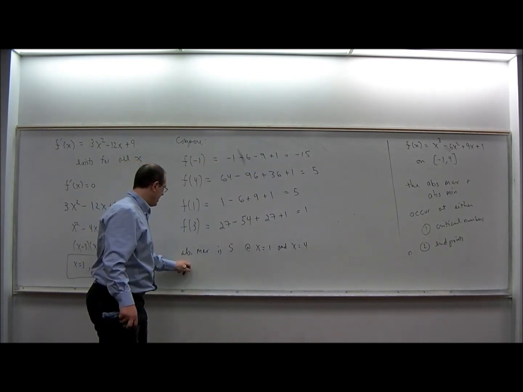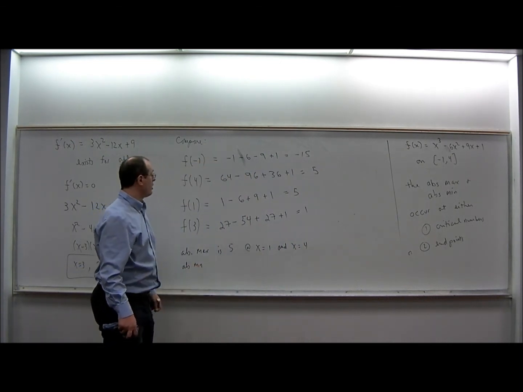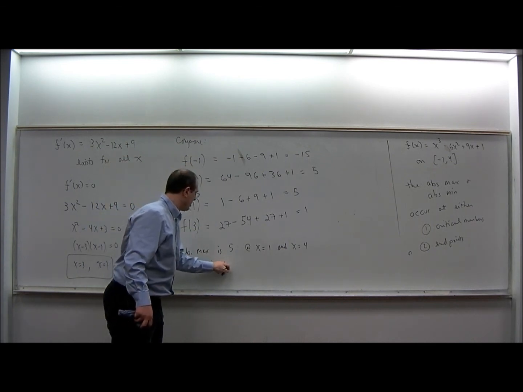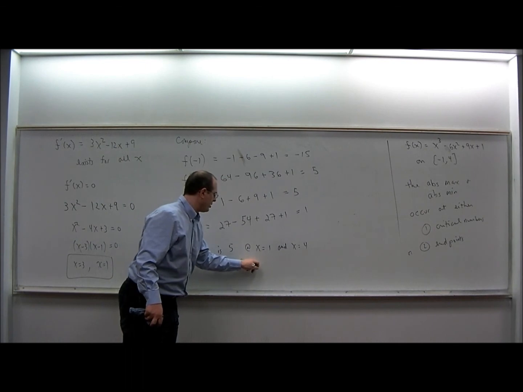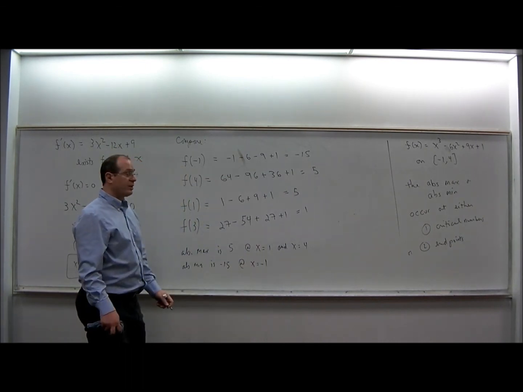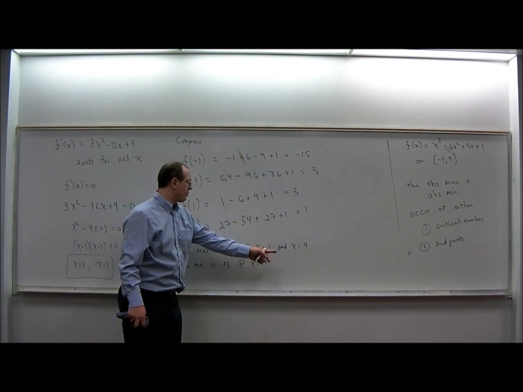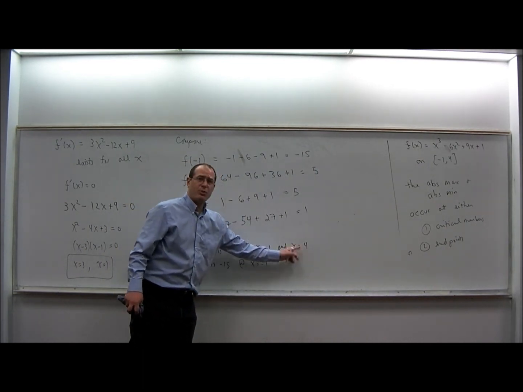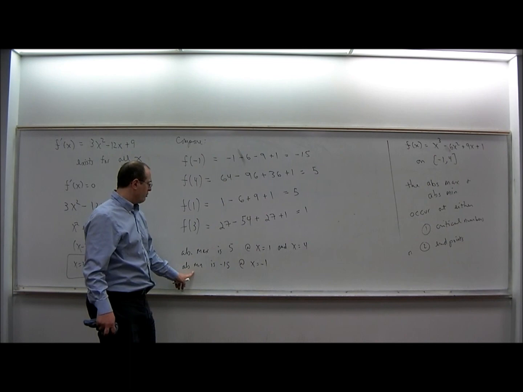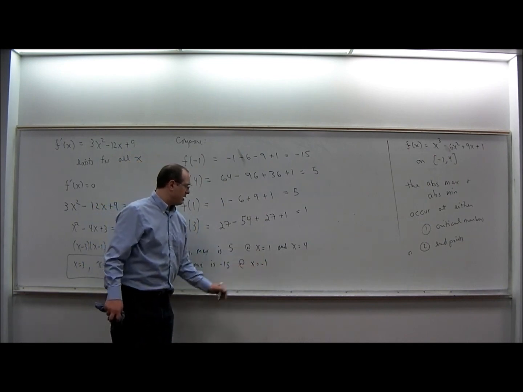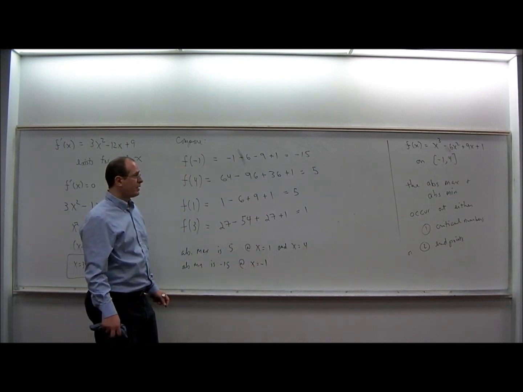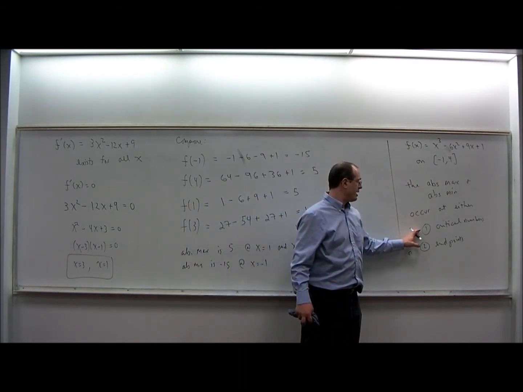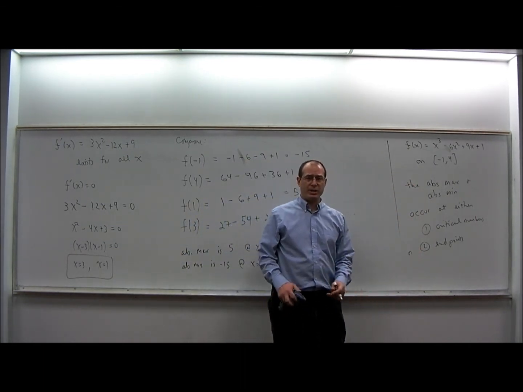And the absolute min was negative 15, and that was at the left endpoint. So the max occurred in two different places, at a critical number, x equals 1, and at the right endpoint, x equals 4, and the absolute min occurred at the left endpoint. In general, the absolute max and the absolute min will occur either at critical numbers or endpoints.